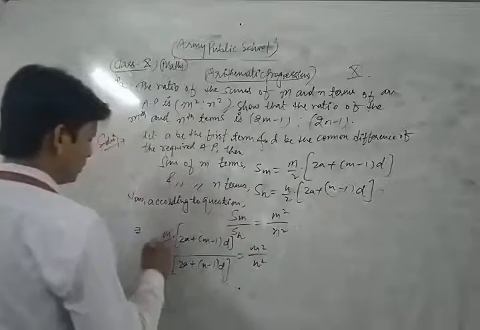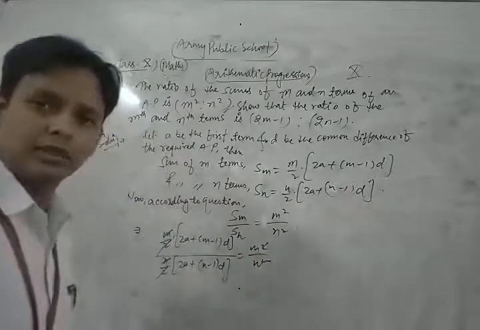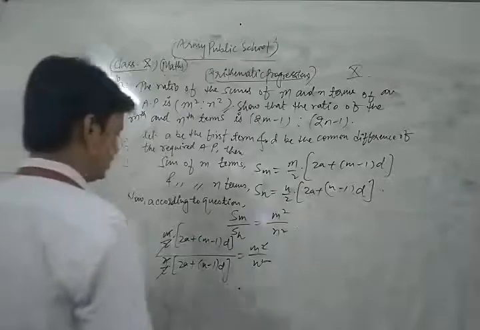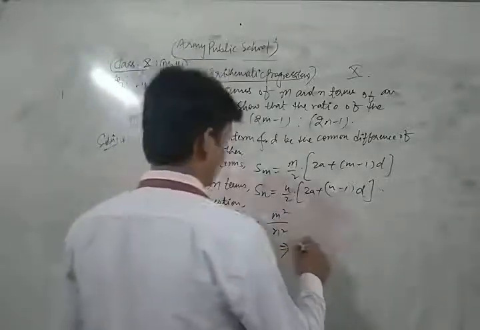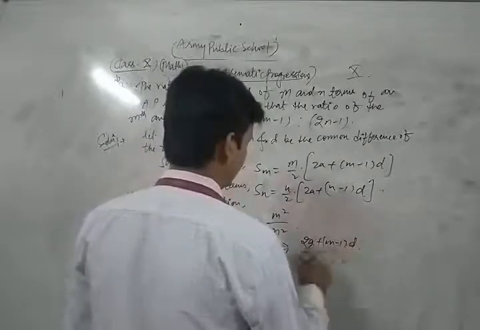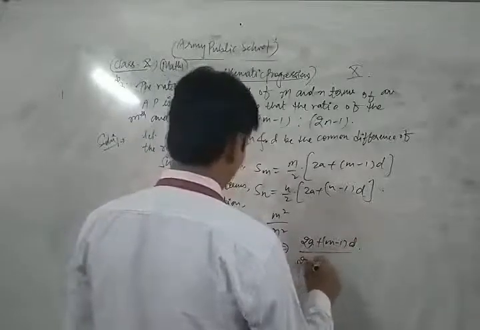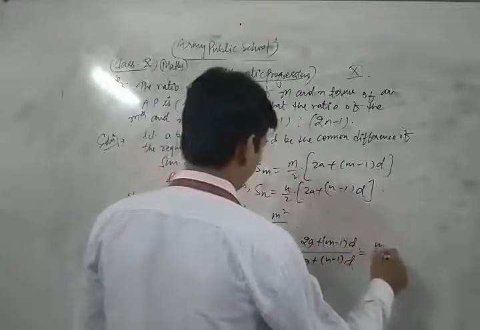Now 2 cancels 2, one m cancels, and one n cancels. Okay, so we get 2a plus (m minus 1) into d upon 2a plus (n minus 1) into d is equal to m upon n.